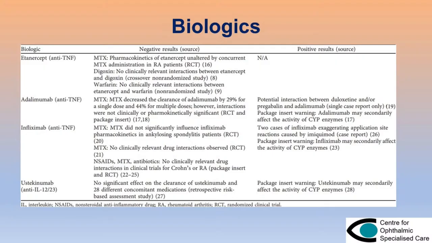And that's why there are a lot of regimens that use methotrexate with adalimumab, because methotrexate can prevent the appearance of antibodies against adalimumab, which can neutralize its effectiveness. Similarly, there are regimens that include infliximab and methotrexate. In this case, there are no significant interactions between infliximab and methotrexate.